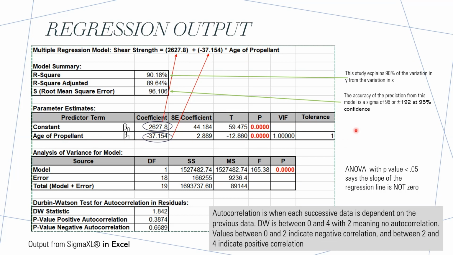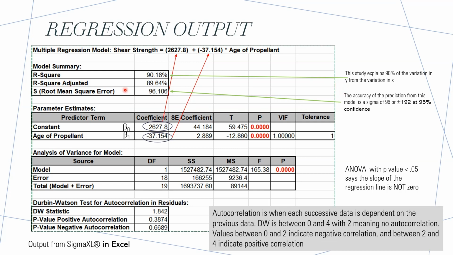Also look at R squared and R squared adjusted. They're very close together, which they should be since there's only one variable, and they are about 90%. So we could safely say that this study explains 90% of the variation in shear strength based on the variation in the age of the propellant.